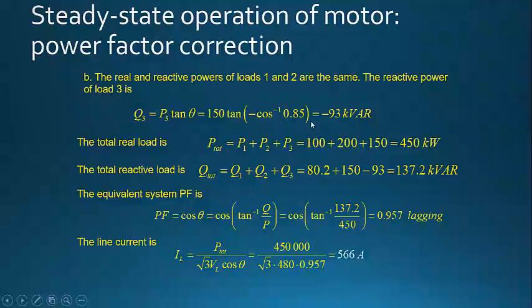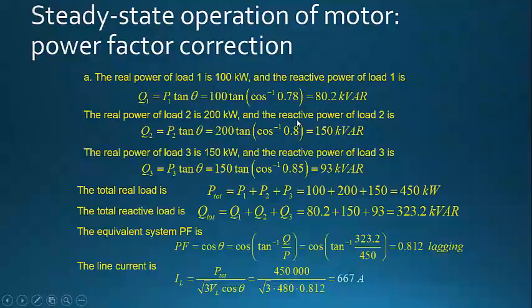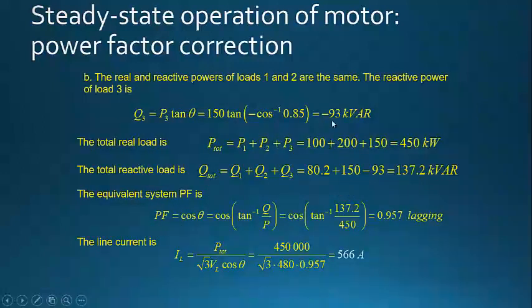So in that case, we are going to have negative 93 kiloVAR. Since the power factor is 0.8 lagging and the other one was 0.8 leading, you can see that we have the same 93, just that this one is positive and this one is what? Negative. Take note of that.